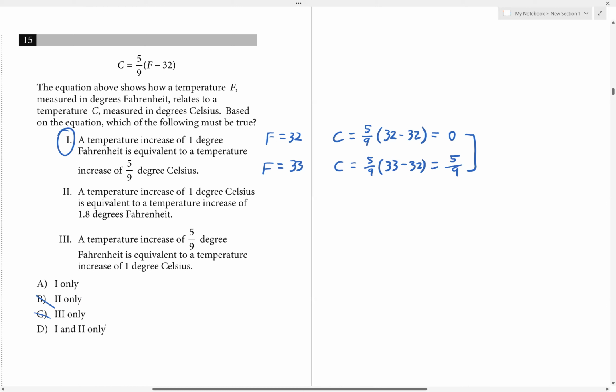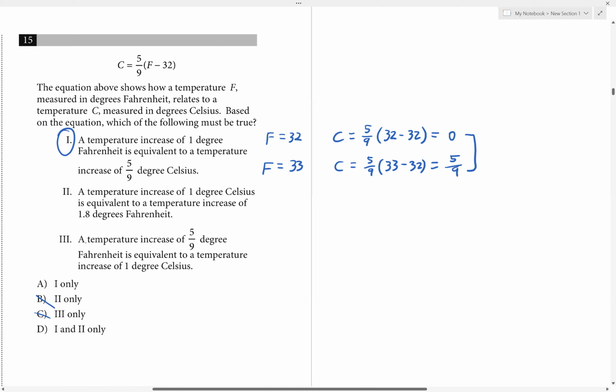So all we have to do is check statement 2 to differentiate between A and D. We know statement 3 should be correct, which is very helpful if we're running short on time, because we don't have to check statement 3.